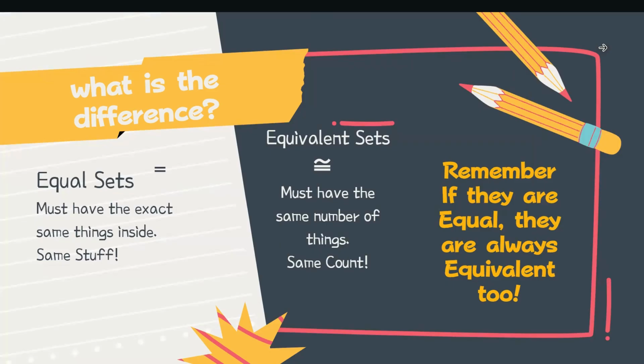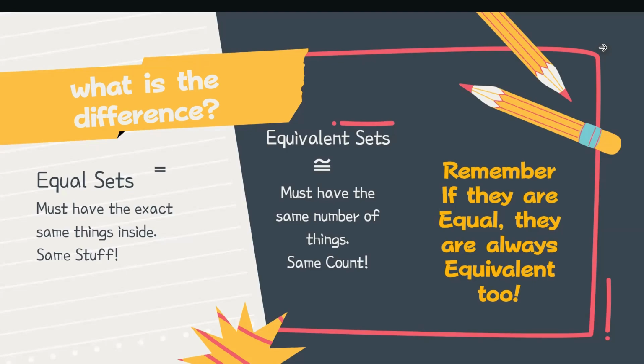For example, set A has 3 bananas and set B has 3 bananas. We classify that as an equal set because they have the same thing. For an equivalent set, we have 3 bananas and 3 apples. We consider that an equivalent set because it has the same number or value in the set.